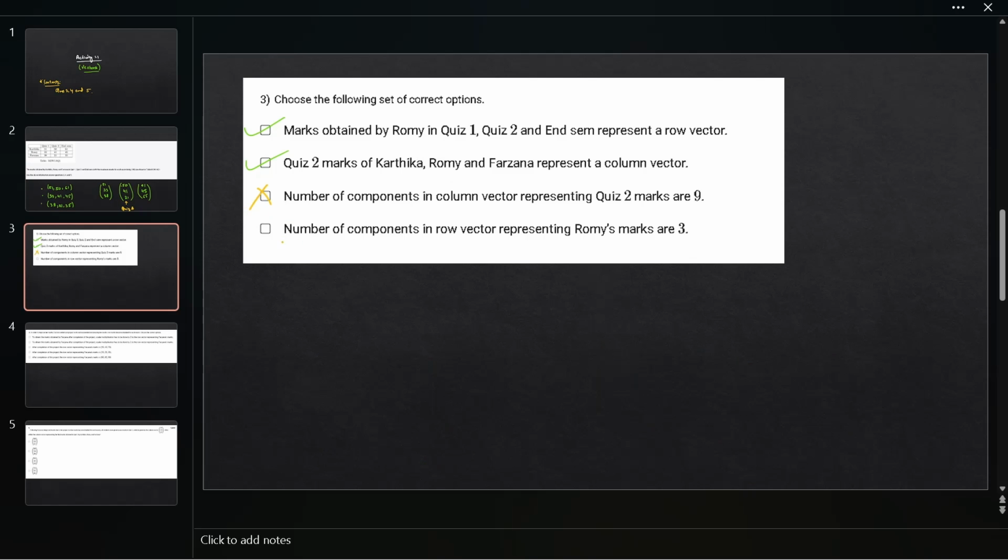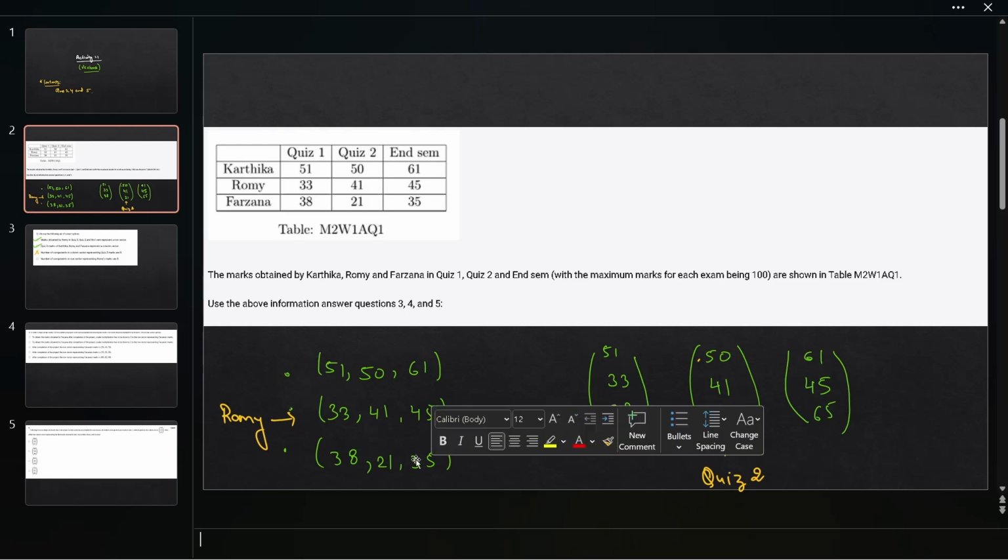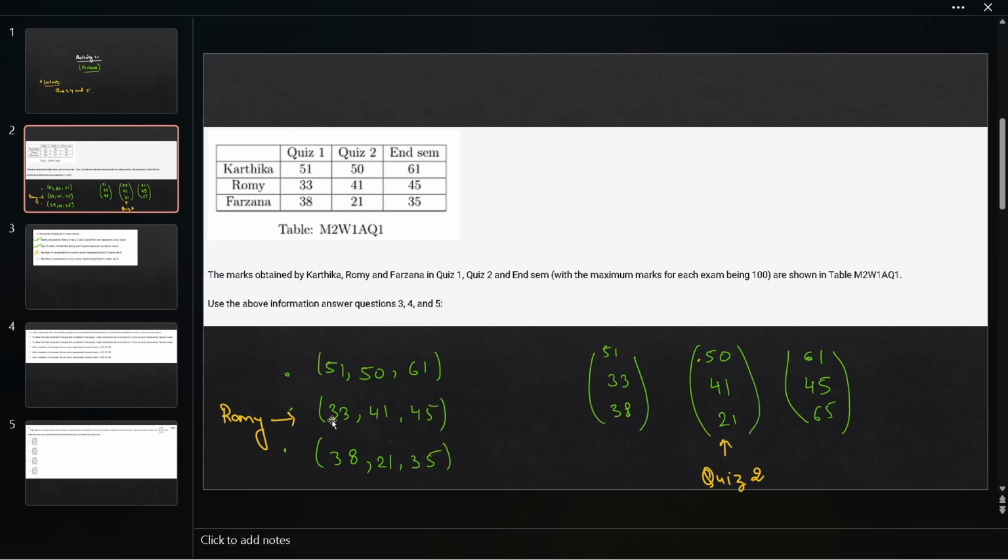Now if we analyze option 4, which says the number of components in the row vector representing Rami's marks is 3. Rami's marks are represented by this row vector, and we can see that there are only 3 components, 33, 41 and 45, where the first component corresponds to the quiz 1 marks of Rami, the second to the quiz 2 marks of Rami, and the third to the NSEM marks of Rami.